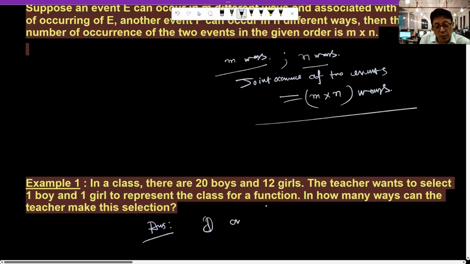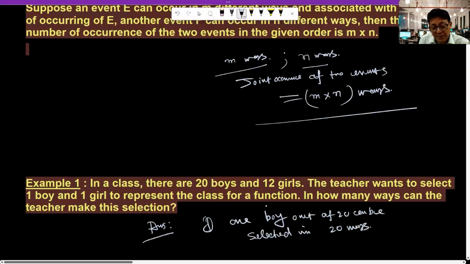So one boy out of 20 can be selected in 20 ways. You agree with me? Either first or second or third or fourth or the 20th.